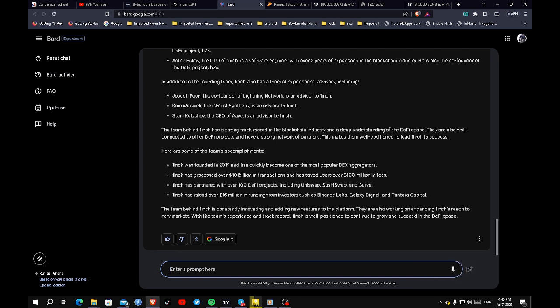It has processed over 10 billion in transactions and has saved users over 100 million in fees. 1inch has partnered with over 100 DeFi projects including Uniswap, SushiSwap, and Curve. 1inch has raised over 15 million in funding from investors such as Binance Labs, Galaxy Digital, and Pantera Capital.